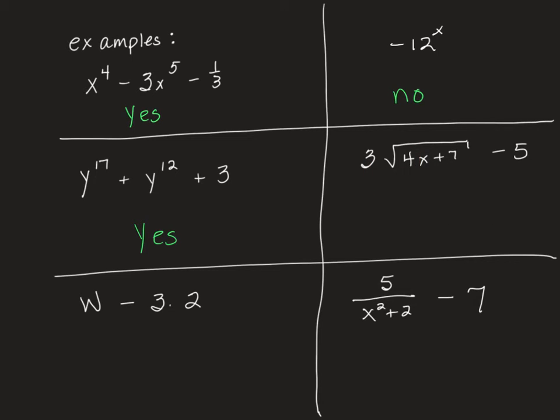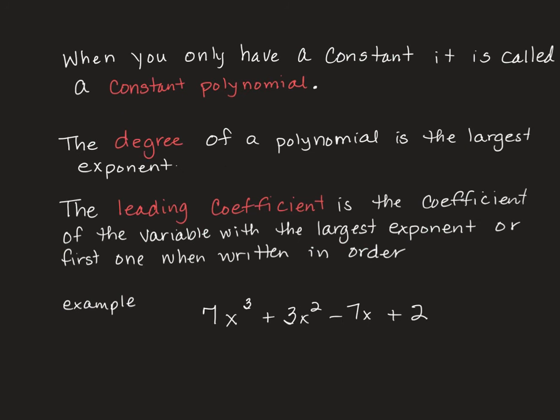I have a variable underneath a radical, so this is not a polynomial. When I come over here, there's a decimal, but it's not an exponent, so yes, that is a polynomial. And this last one, notice how my variable is in the bottom, in my denominator, so no, that's not a polynomial.